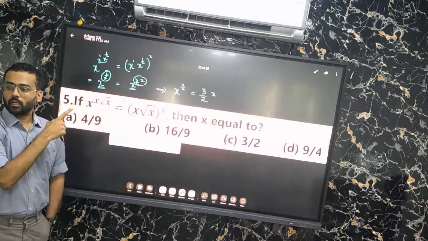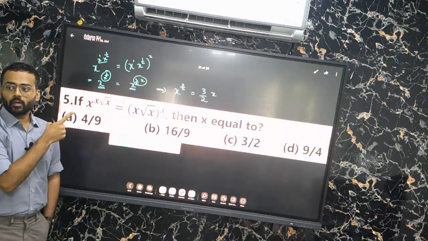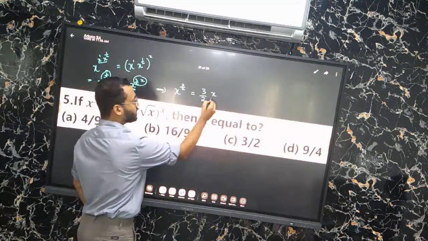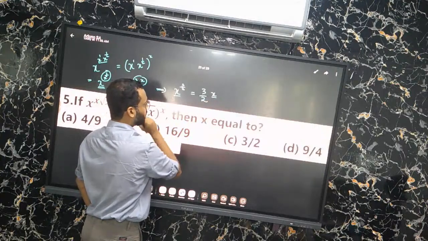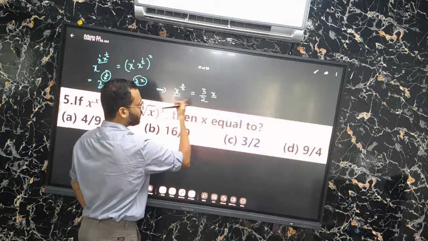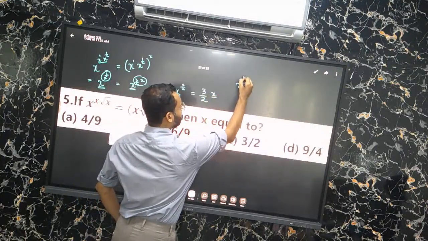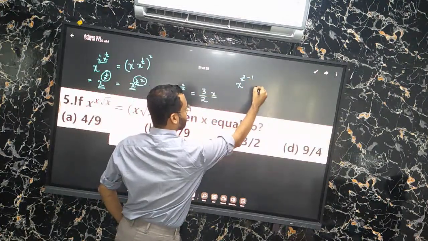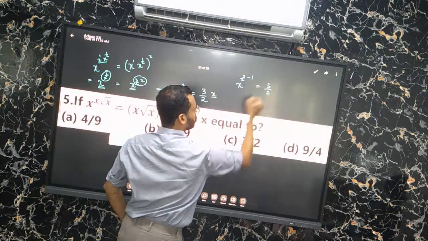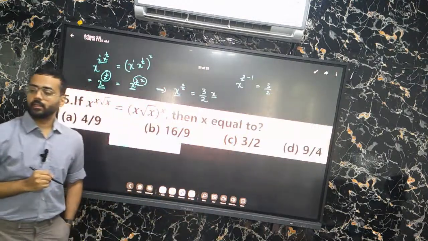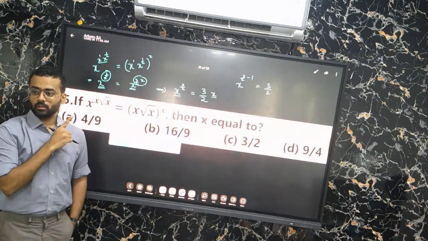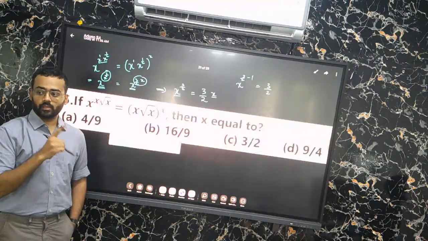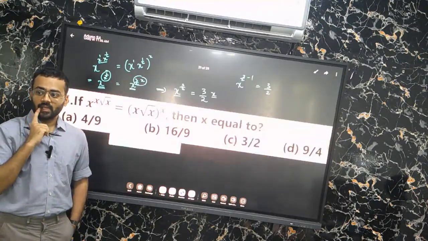Right? Understood this step? Now what I'll do is bring all the x terms together. I have one x term here, one x term here. So I'll bring this x term to this side. So that will become x power 3 by 2 minus 1 equal to 3 by 2. Did you understand this step? I'm asking whether you understand each step so that you understand the law. How did I get this one?